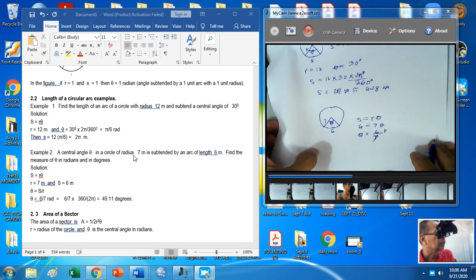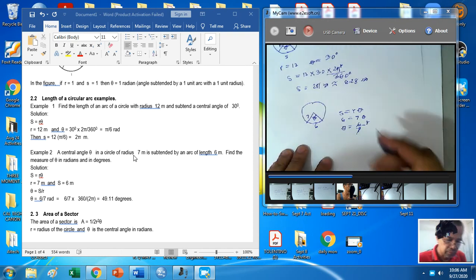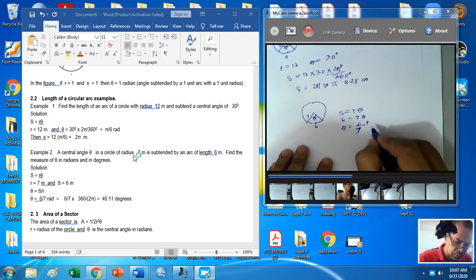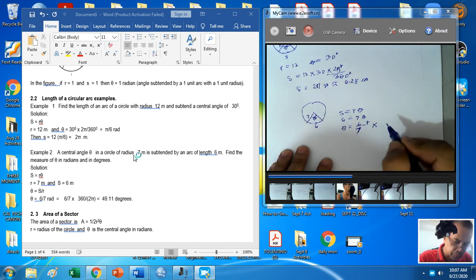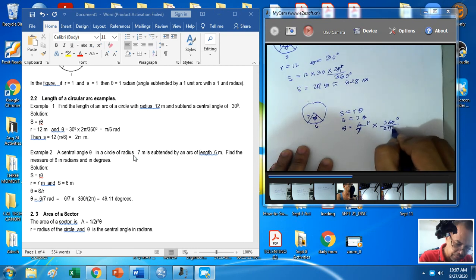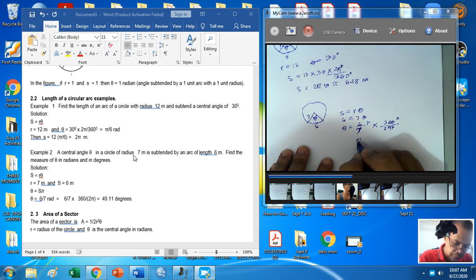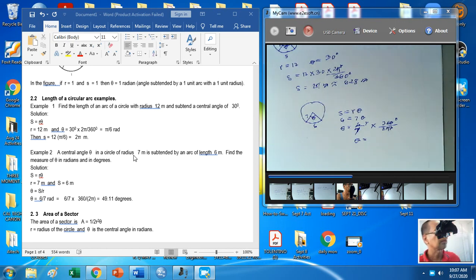Now, how do you convert this to degrees? So times what? Times 360 degrees divided by 2 pi of a radian. So your theta becomes what? Let's compute.